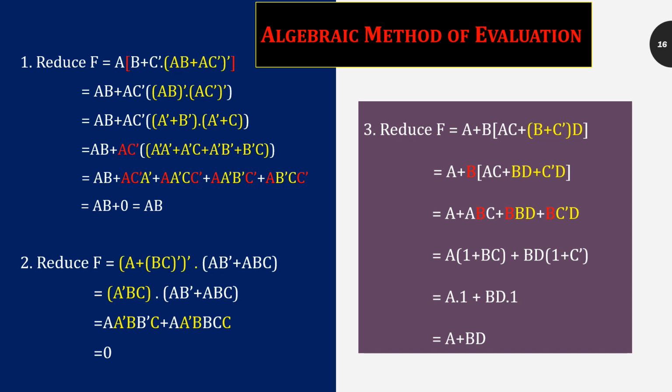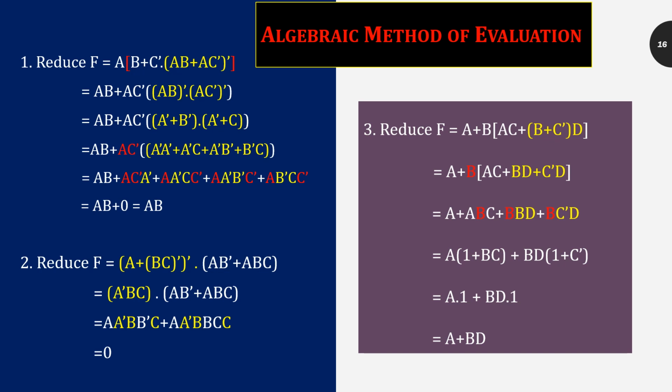Now let's look into some more examples which make use of this algebraic method of evaluating a Boolean expression. First, we need to reduce f equal to A into (B plus C bar) into (AB plus AC bar) the whole bar. In our term we have a whole complement function. So first we apply De Morgan's law to the terms shown in yellow.